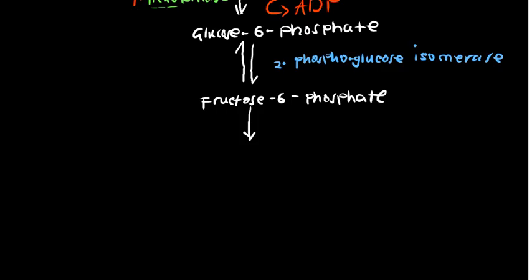This means that glucose is committed to the glycolysis process. So this will be converted to fructose 1,6 bisphosphate.